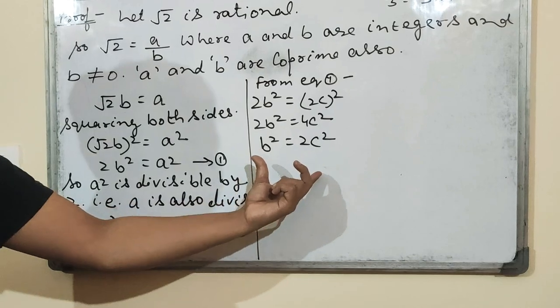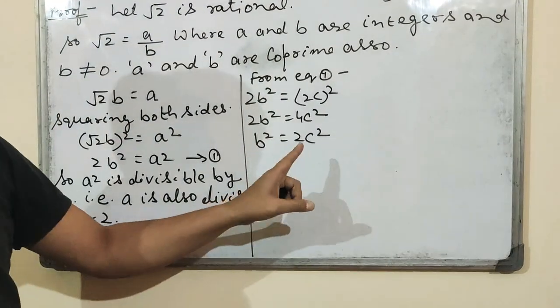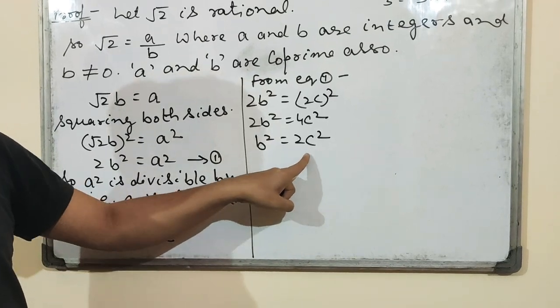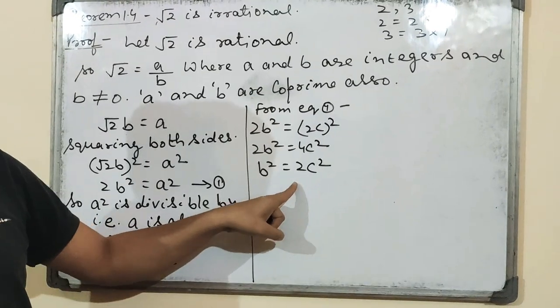Now students, we see that b square is 2c square, and this 2c square is divisible by 2. It means b square is divisible by 2.